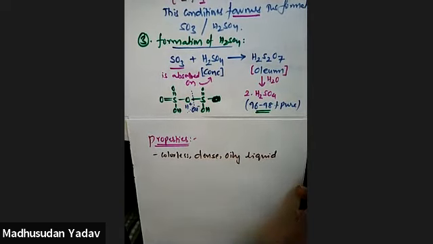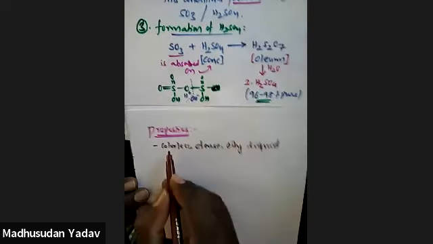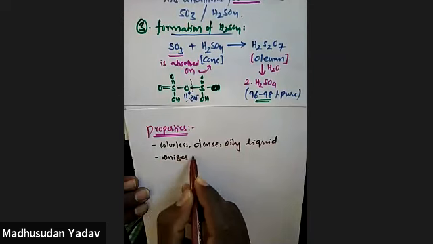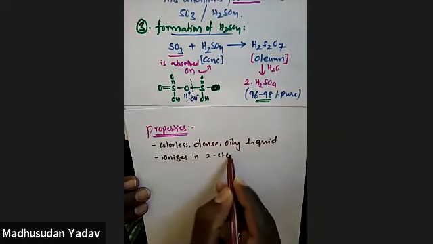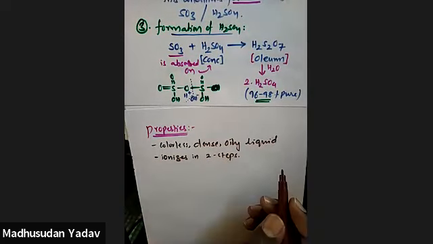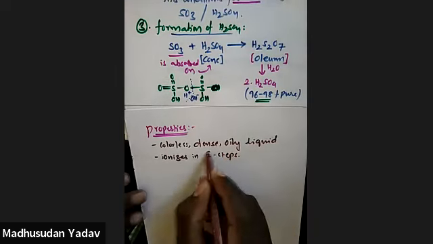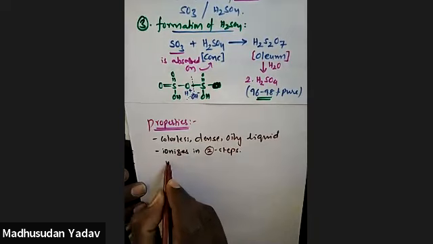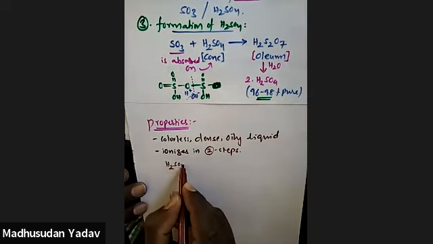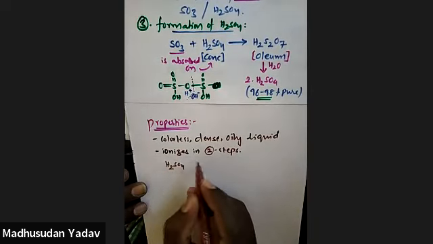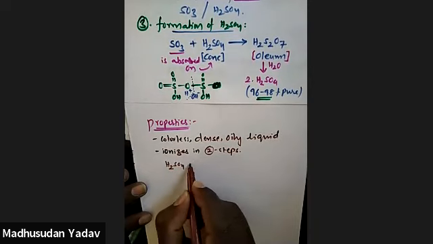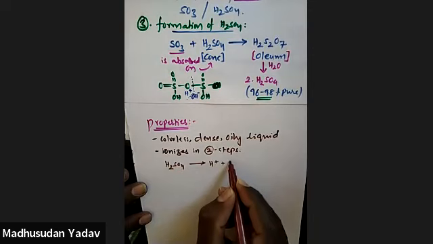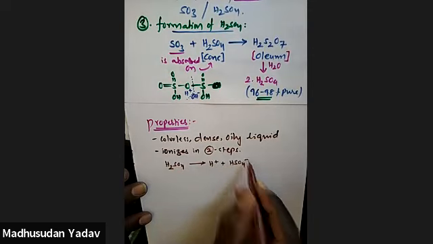This sulfuric acid ionizes in 2 steps. That means it gives H plus ions in 2 steps. How to write that? H2SO4, if it loses one proton, gives H plus and HSO4 minus.